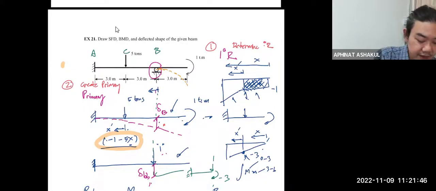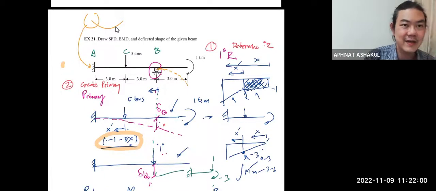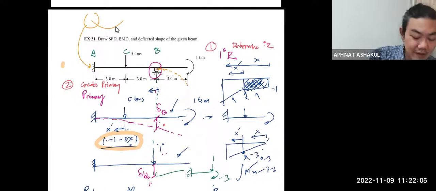And then here is a fixed example. If you say you're going to have a positive moment, it means that the curvature is going to look like this. The only way that your curvature is going to look like that at this kind of support is because it is broken. So the only way that your structure can deform at the fixed support is this.